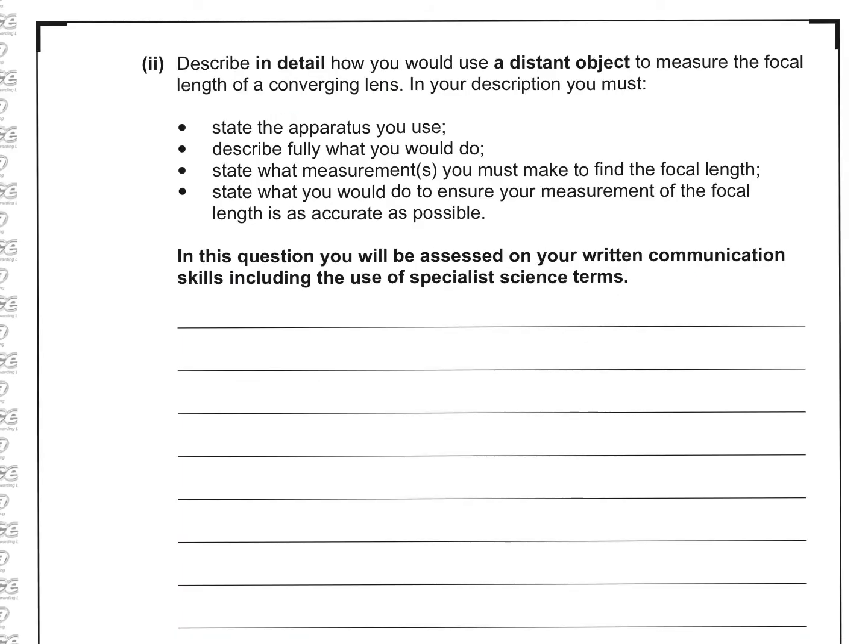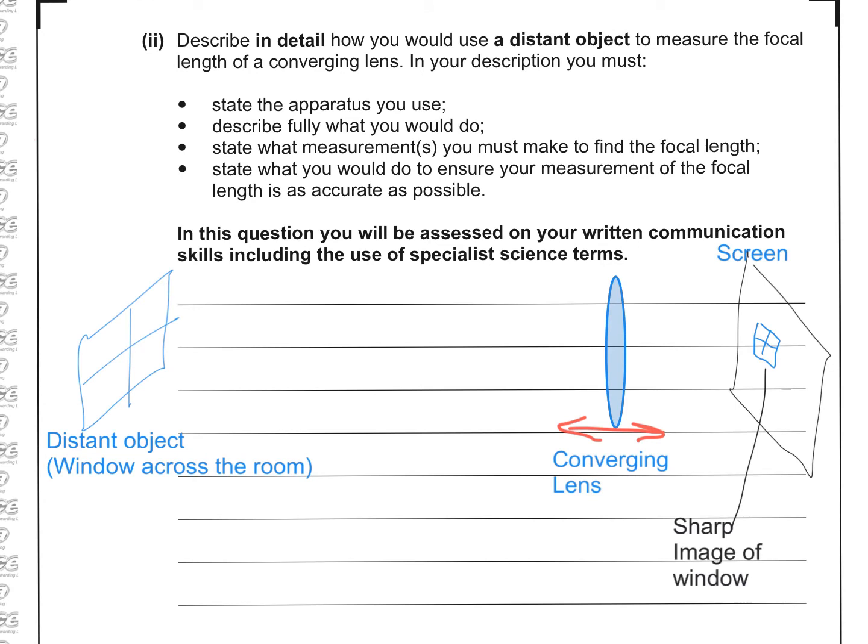Part 2. Describe in detail how you would use a distant object to measure the focal length of a converging lens. In your description you must state the apparatus you would use, describe fully what you would do, state what measurements you must make to find the focal length, and state what you would do to ensure that your measurement of the focal length was as accurate as possible. So, apparatus, well, you need some kind of distant object.